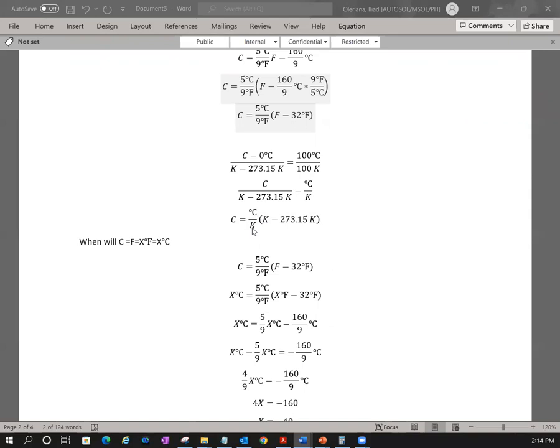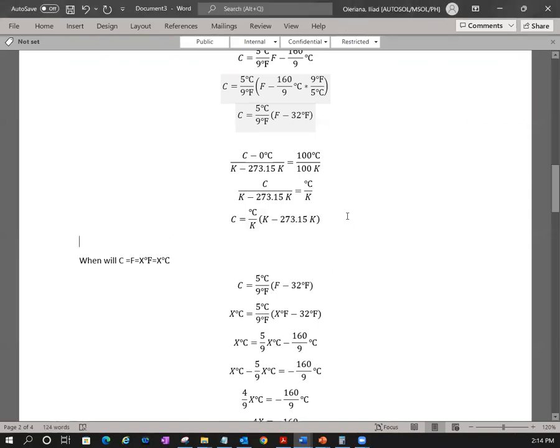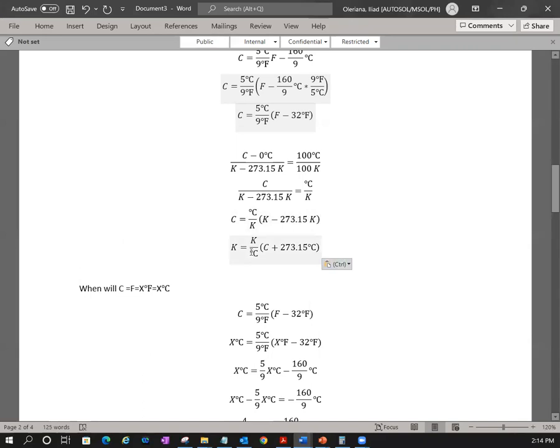Una, syempre itong factor, lalagay natin dito. Tapos, ililipat natin itong negative 273.15 doon sa kabila, magiging positive 273.15. So, ang magiging kalalabasan niyan is ito, K is equal to K over degrees Celsius times the quantity C plus 273.15 degrees Celsius. So dimensionally, consistent pa rin siya kasi pag naglagay ka ng given temperature mo na naka-Celsius, it will cancel out. Ang final answer mo ay naka-Kelvin.